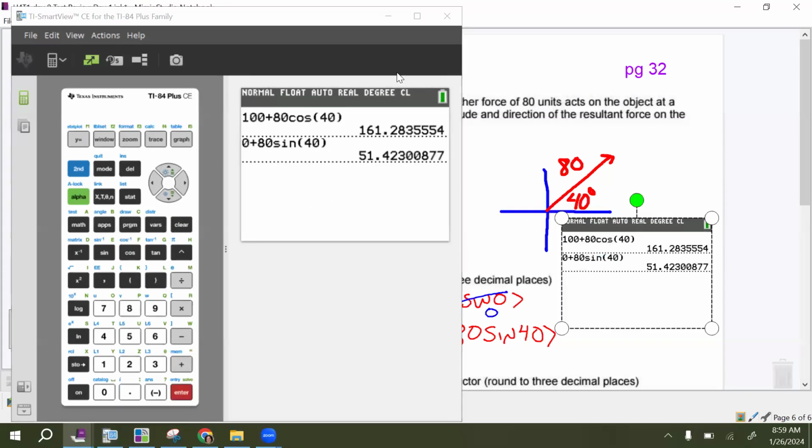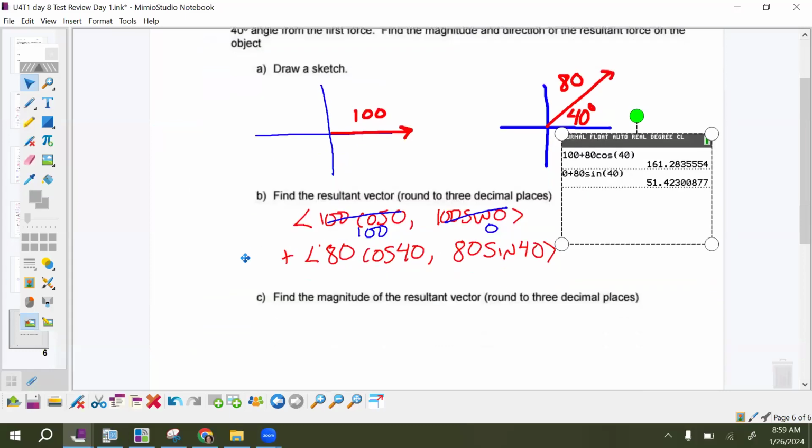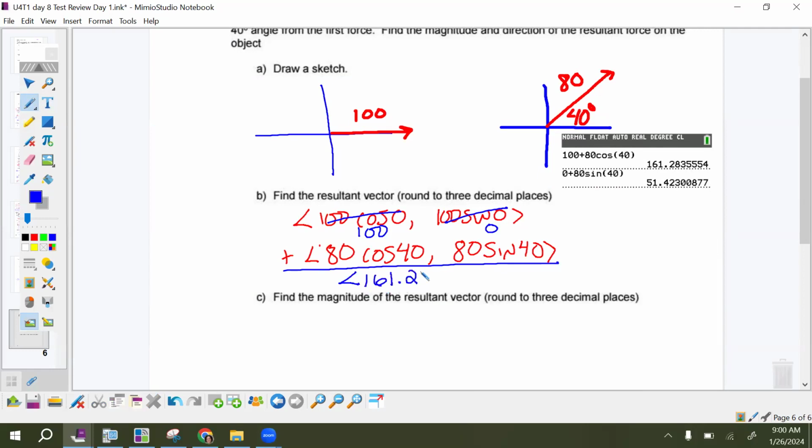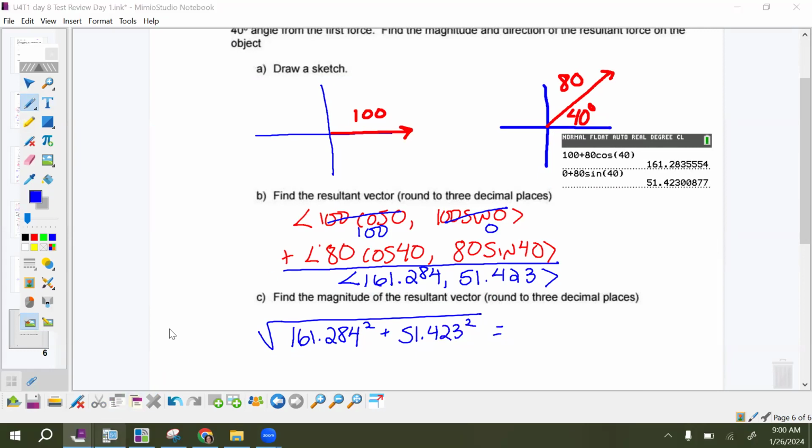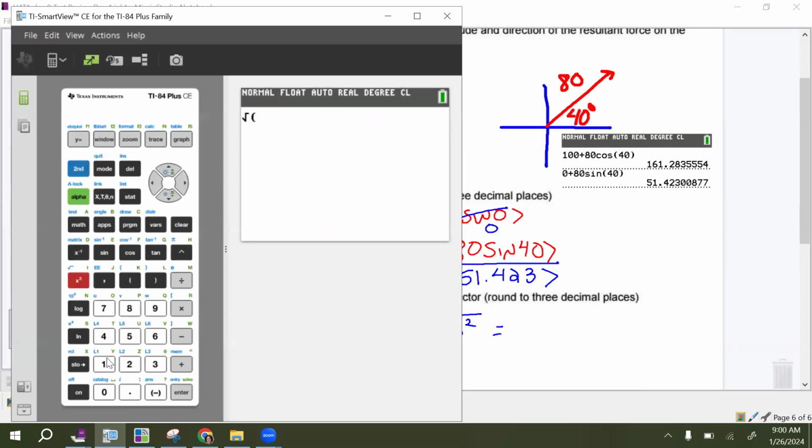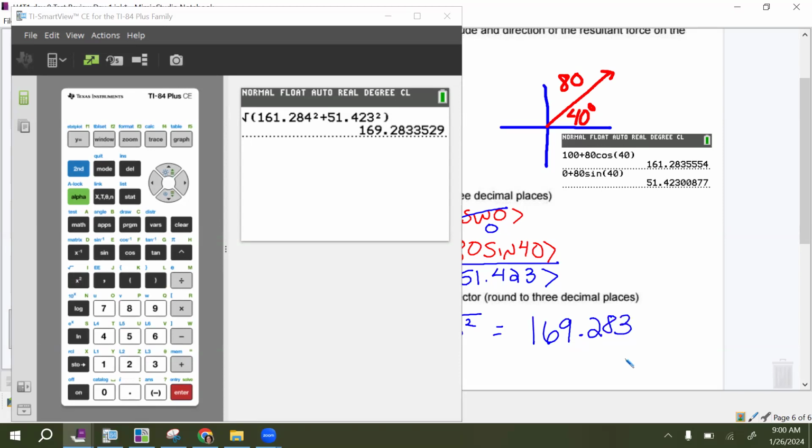All right, so our resulting vector is 161.284, 51.423. Magnitude. 169.283 units.